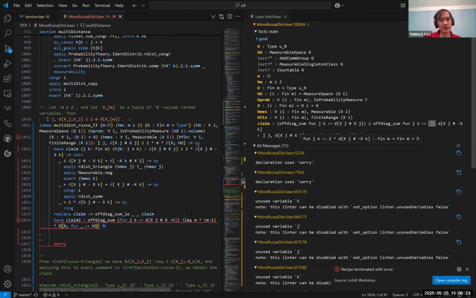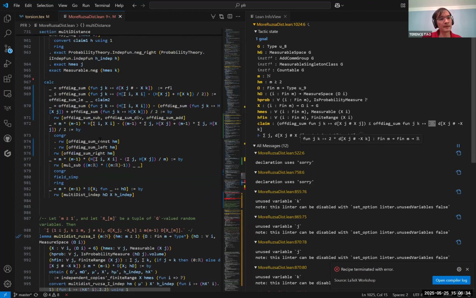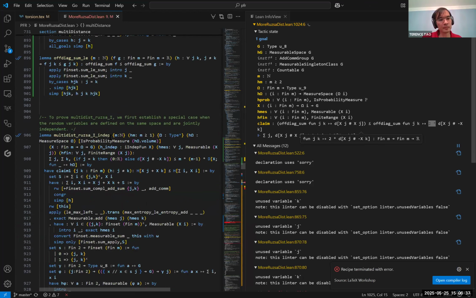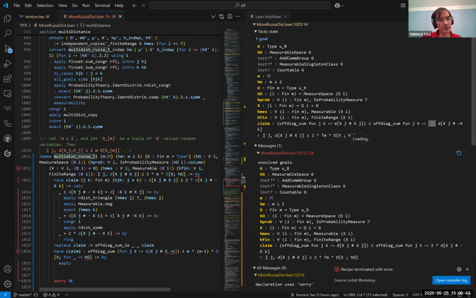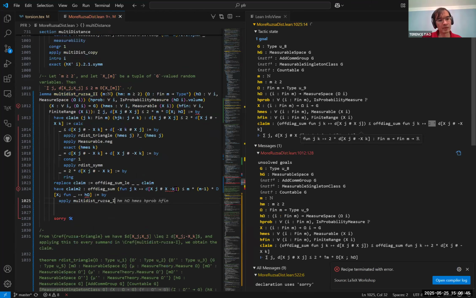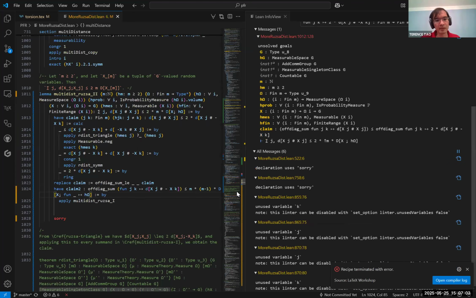Okay, so this should come from the previous one. Where is it? I want to apply this. Okay, it's not x_j minus x_k, it's minus x_k. There's a weird complaint here. Okay, now it's okay.